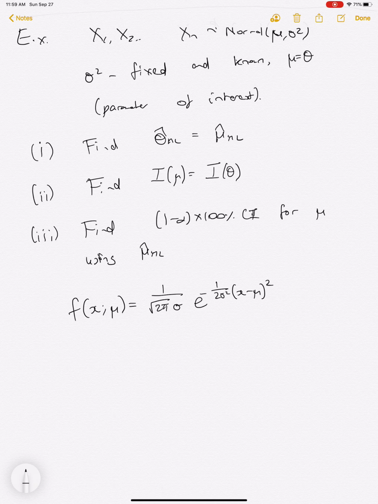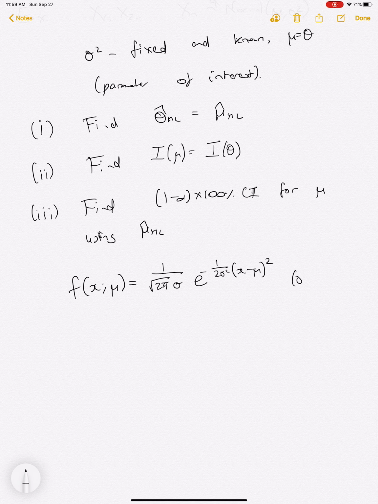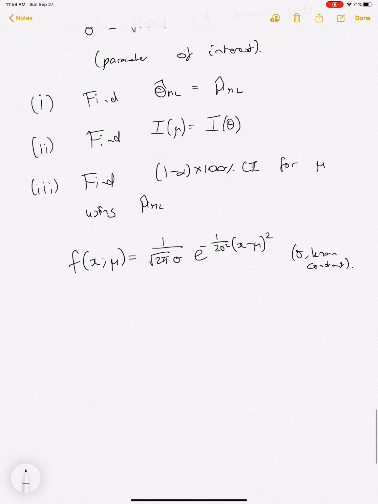Okay, so this is the PDF here. Sigma is a known constant. This is the PDF for the normal. Here x is between negative infinity and infinity.